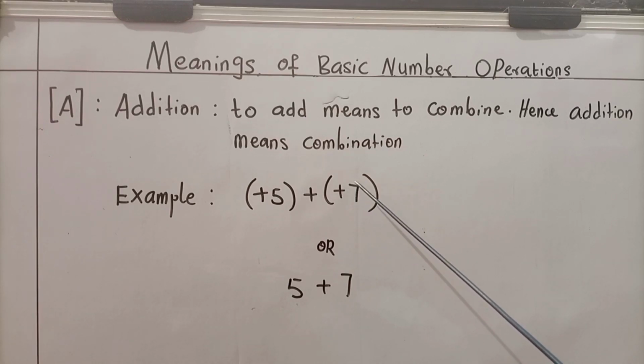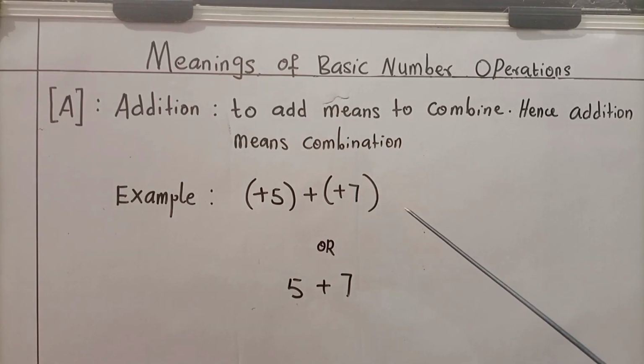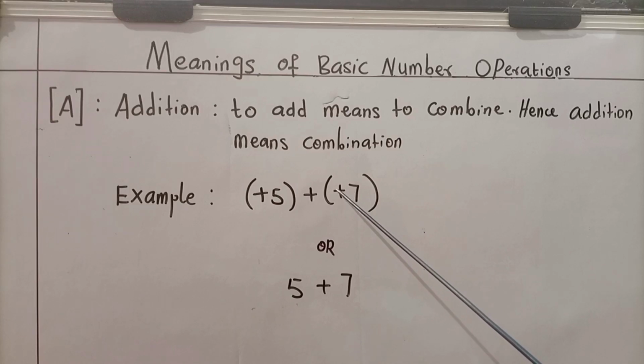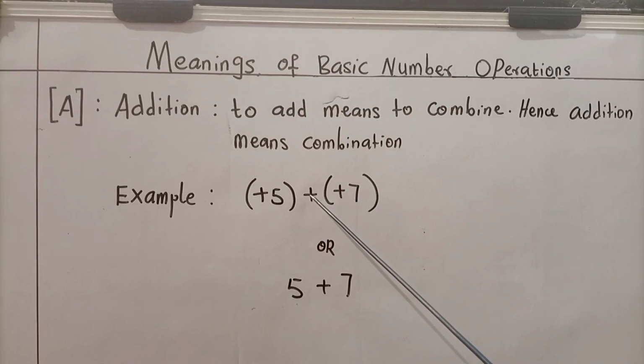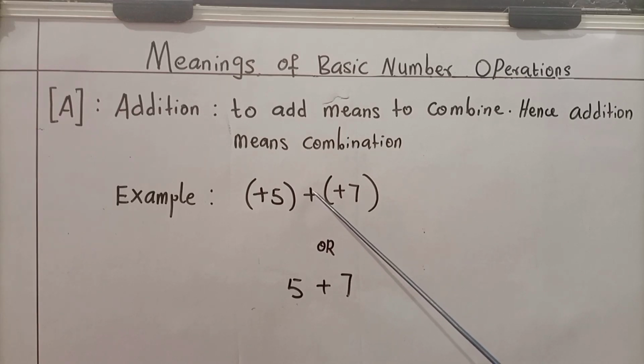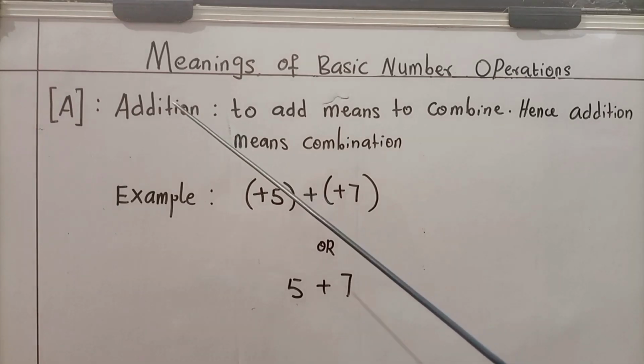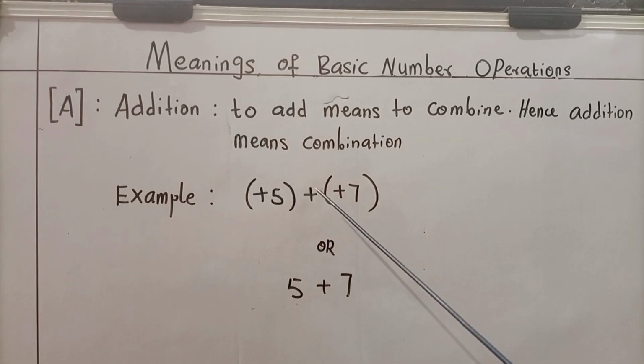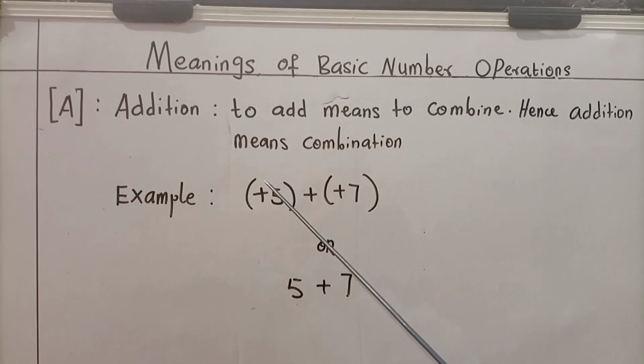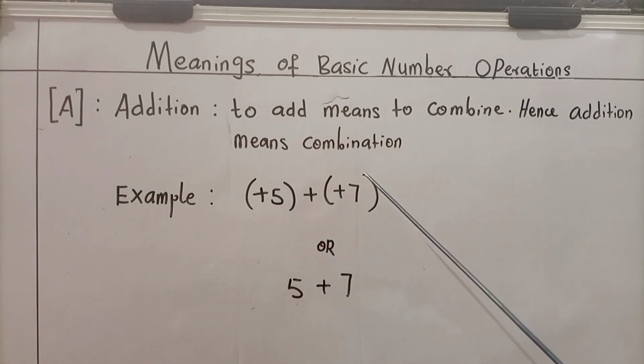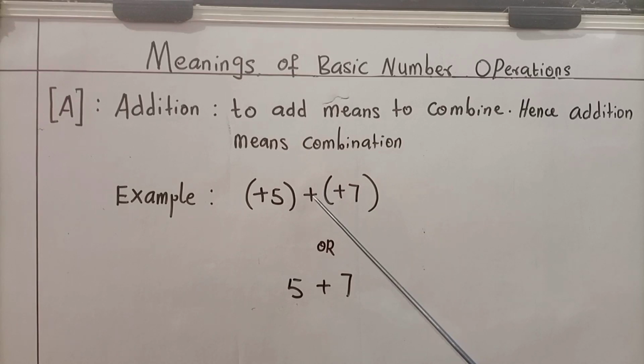This plus before the 7 tells us that this 7 is what you have. And now, this plus, for now, can represent the process of combining. That is, I have 5, I have 7, combine them.